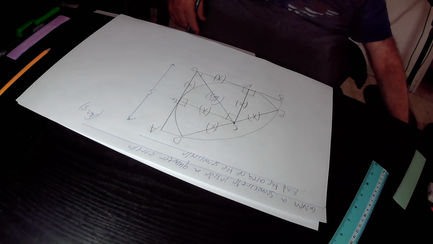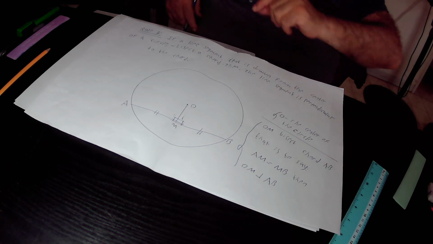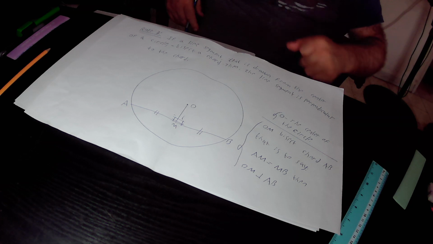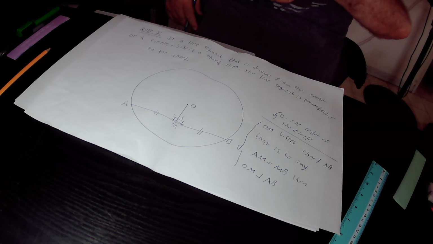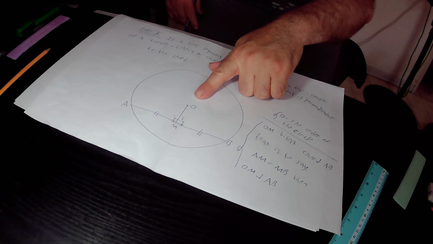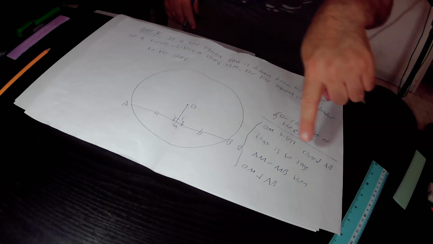So I'll repeat quickly rule 7. According to rule 7, if a line segment is drawn from the center of a circle and bisects a chord, then the line segment will also be perpendicular to that chord. So in the drawing we have a circle, point O is the center of the circle, and we have line segment OM that bisects chord AB.